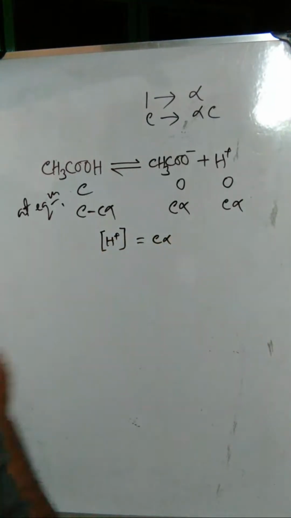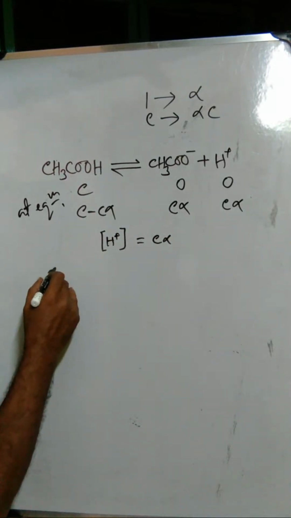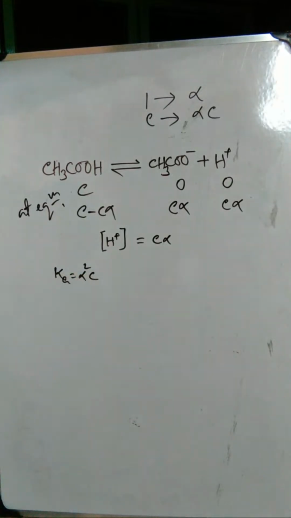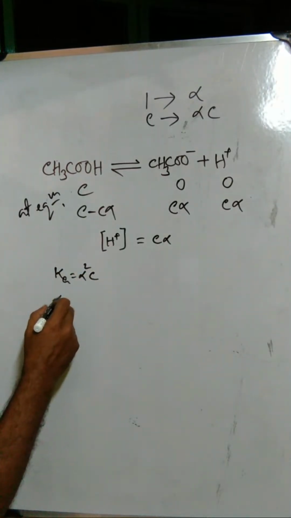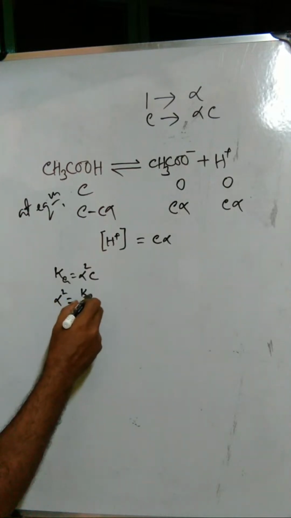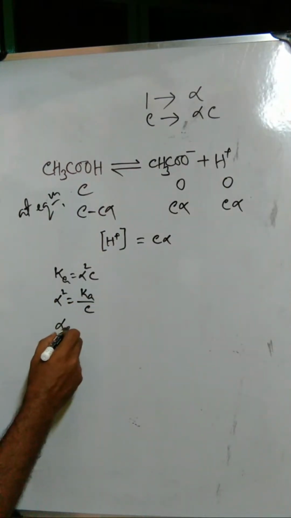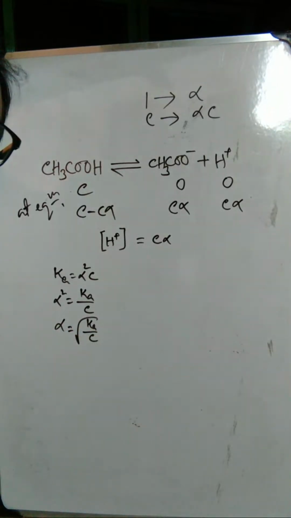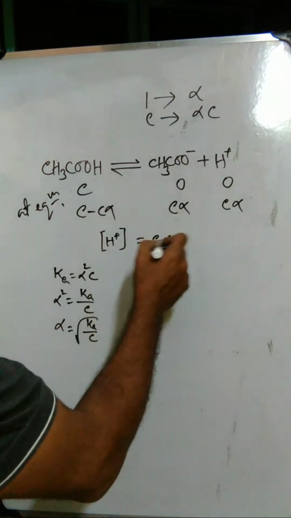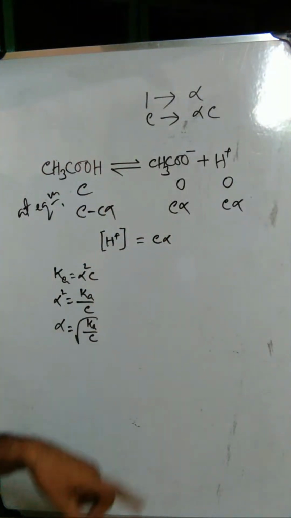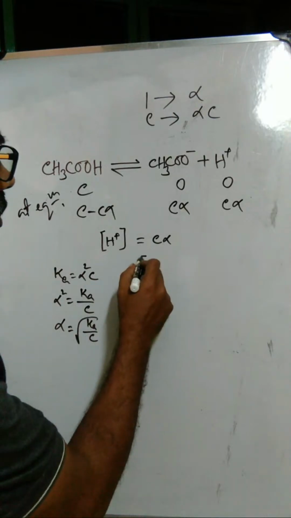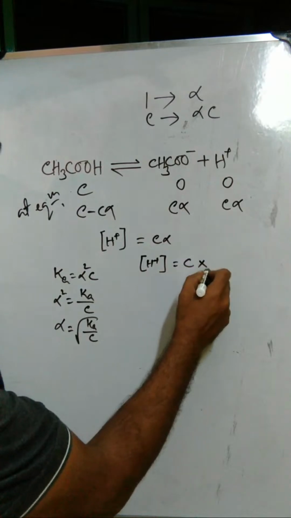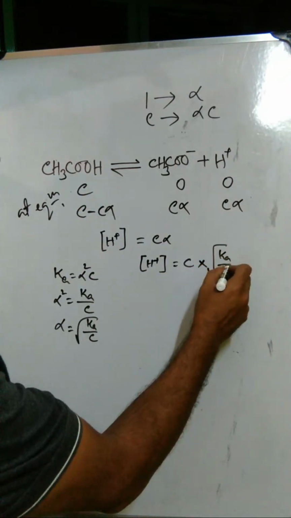Now Ka equals alpha square C, or alpha square equals Ka by C, or alpha equals root over Ka by C. Now we can replace alpha by root over Ka by C, so that we can write the concentration of H plus equals C into root over Ka by C.